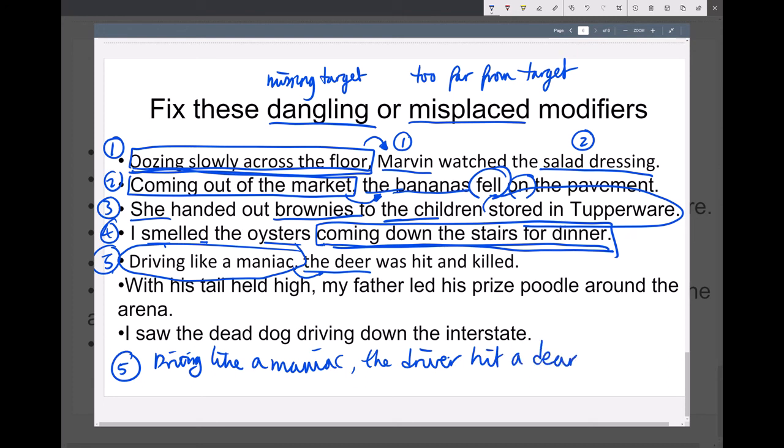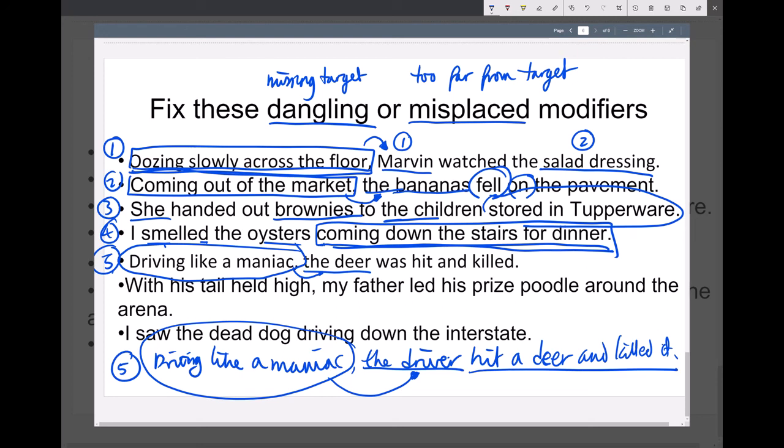Oh, that's D-E-E-R, deer, and killed it. So here we have the modifier driving like a maniac that is placed next to the driver. So that makes more sense now. And we can also change the sentence a little bit to say the driver hit the deer and killed it. So now we have the intended subject, which is the driver. So we fix the dangling modifier there.